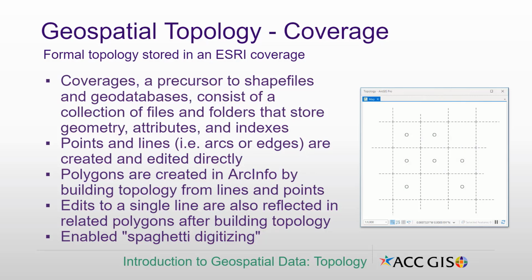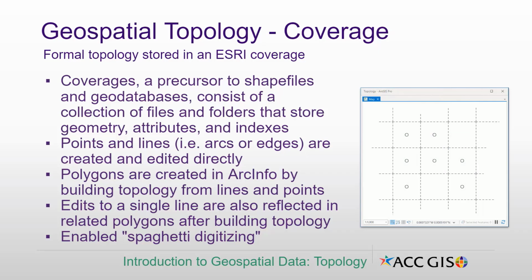And if you look at the example on your right, you can see where I'm utilizing points and lines to build the grid of 9 polygons. And so if I wanted to update those polygons, I would first have to update the line coverage and then rebuild the polygons utilizing topology. Now, a big benefit of the coverage model is that it enabled something called spaghetti digitizing that we still utilize today.